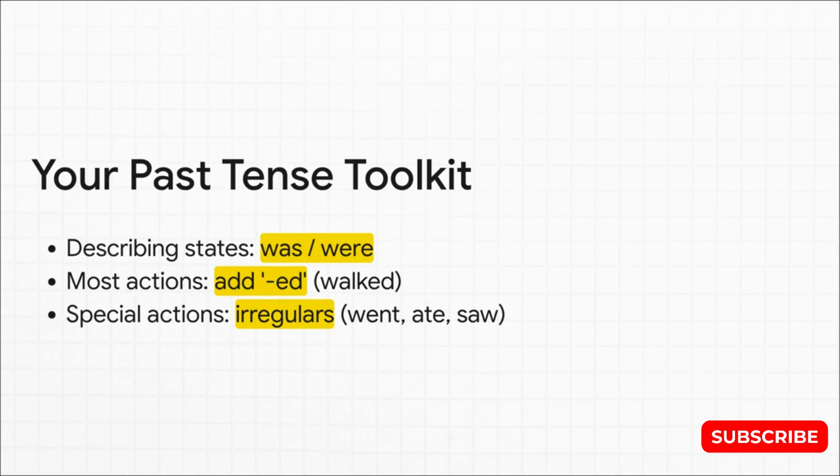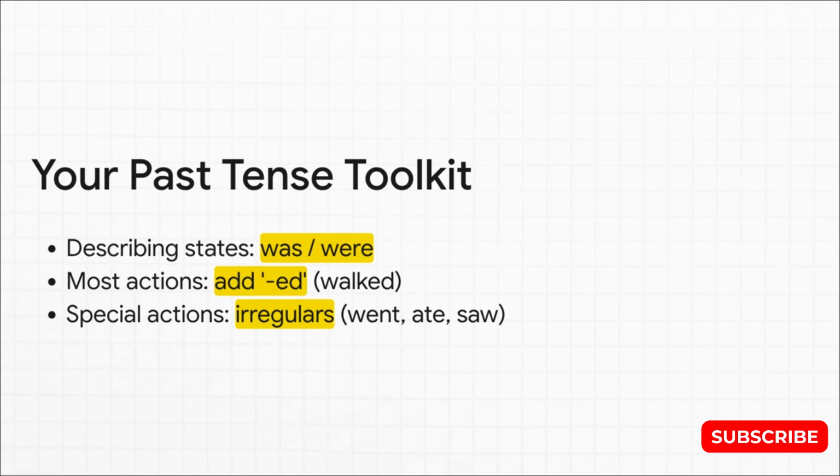So, let's just do a quick recap of your new toolkit. For describing things, you've got was and were. For most actions, you just add ed. And for those special actions, you've got your secret code of irregular verbs like went, ate, and saw.